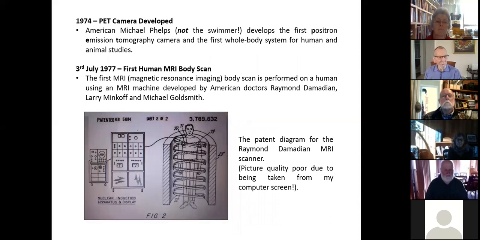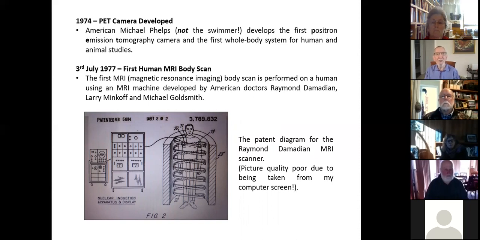In 1974, we saw the development of PET, which is positron emission tomography. American chemist and physicist Michael Phelps, not to be confused with the swimmer, used his system for the first whole body scan and for human and animal studies.